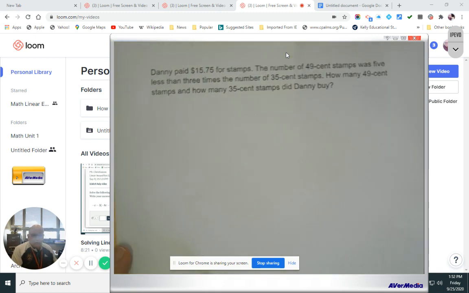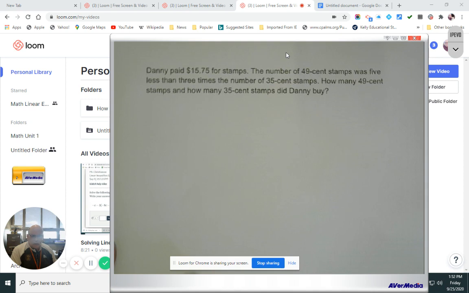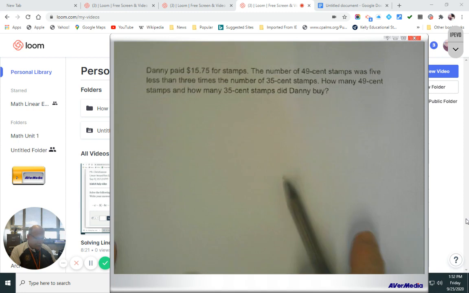I want to run through an example of a stamp problem. If you recall, previously we did problems having to do with nickels and pennies, so they were money problems, right? You had this much money, it's made up of nickels and pennies, how many of each of those was there, and I gave you some more information.